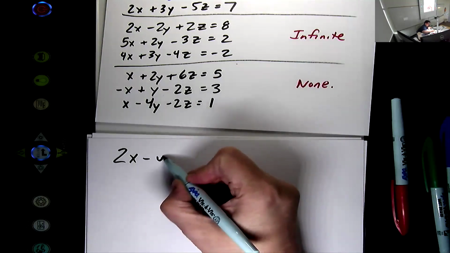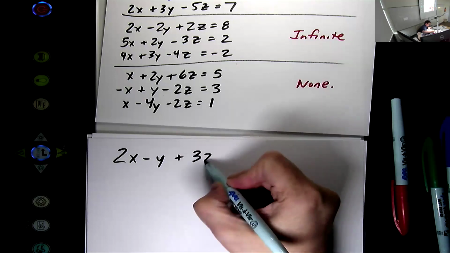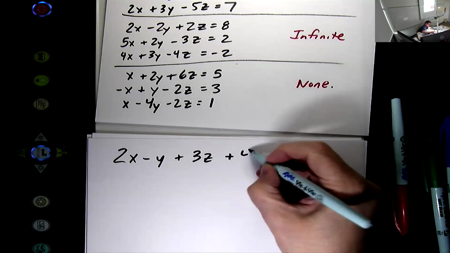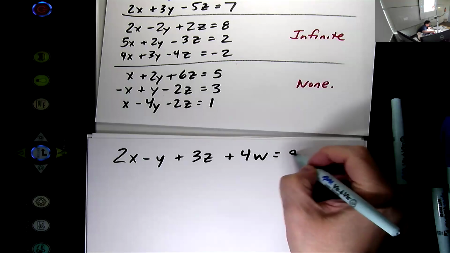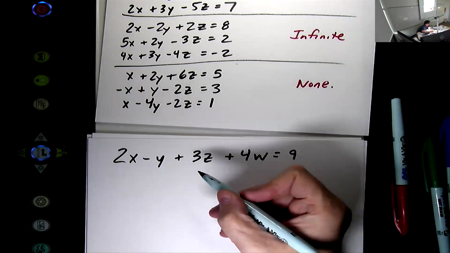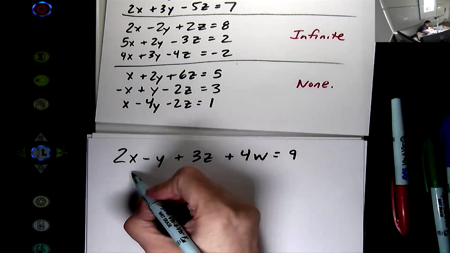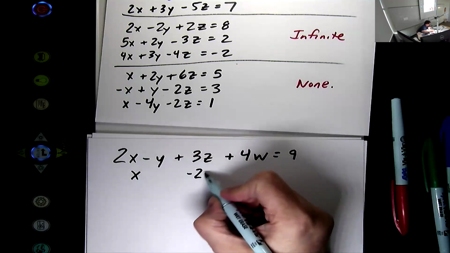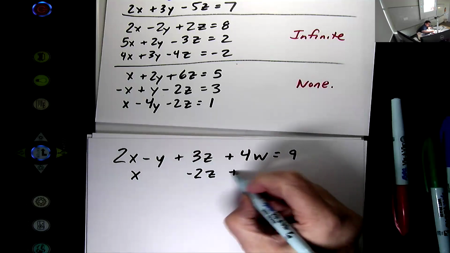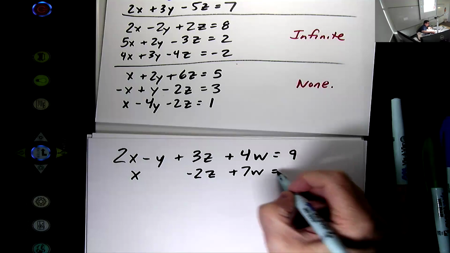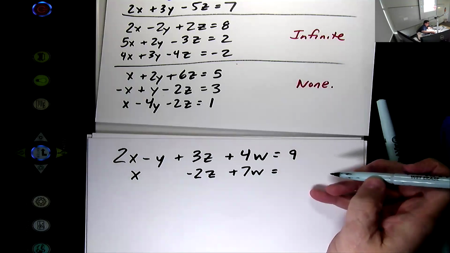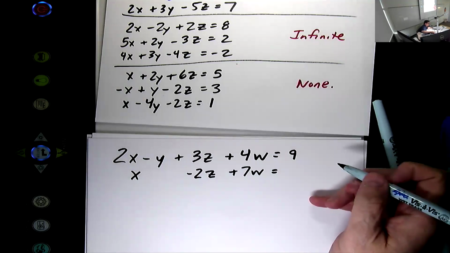2x minus y plus 3z plus 4w equals 9. What? 4 variables, which means we need 4 equations. And that would be the equation of a cube? No. This is 4 dimensions, so I can't draw it.